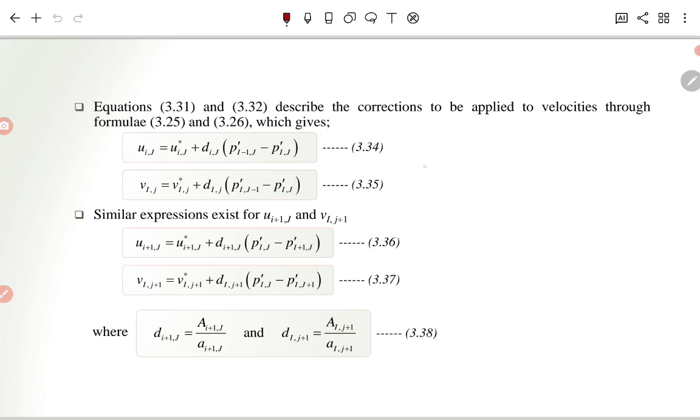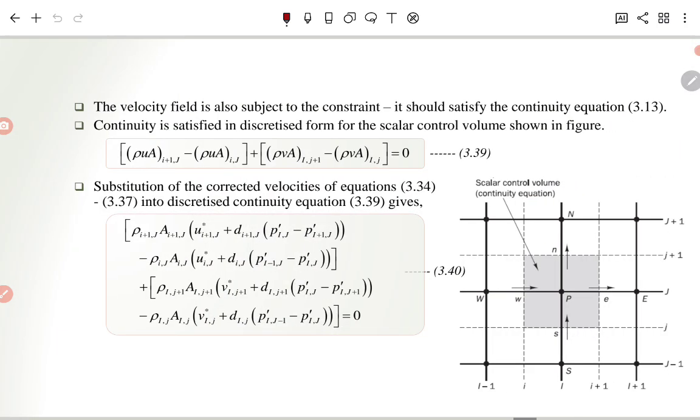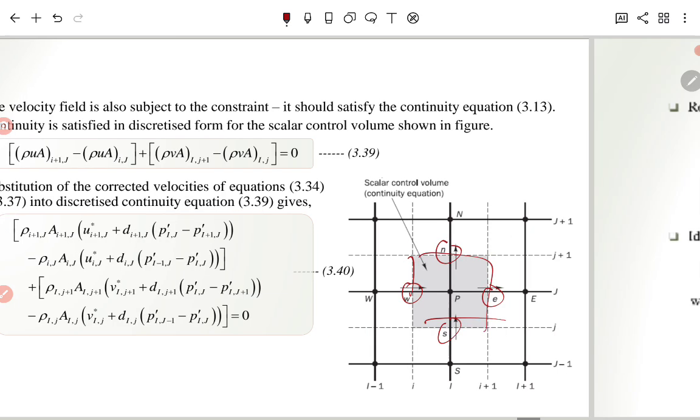And the rest is similar. I don't need to explain a lot here, but the most important thing is that they use the scalar method that we already applied in the staggered grid to obtain the value for each face of this control volume.